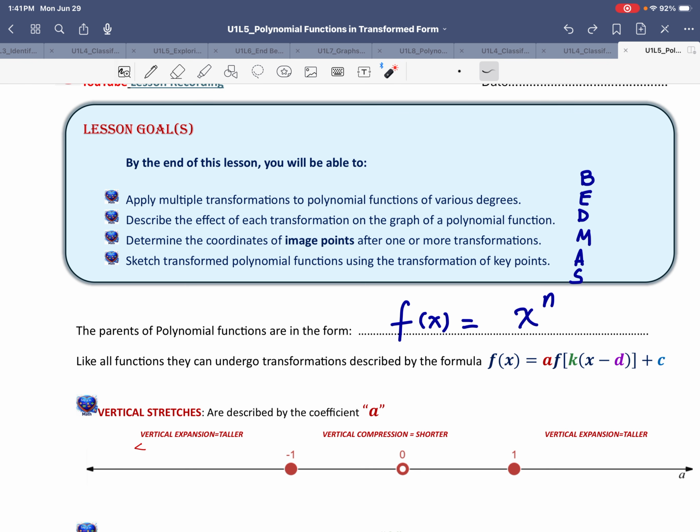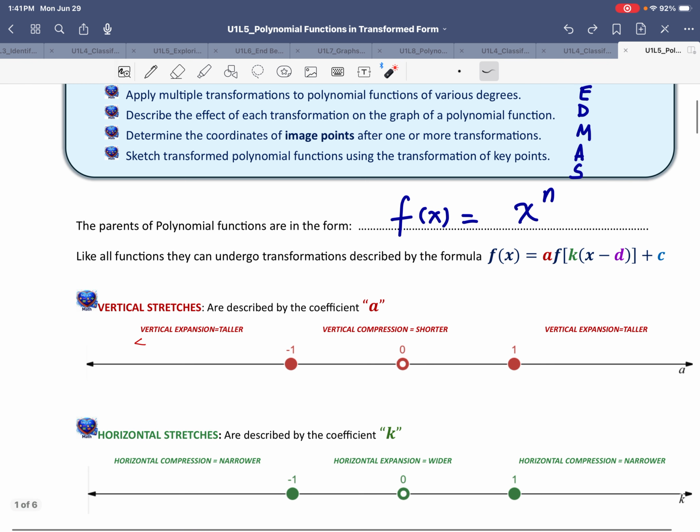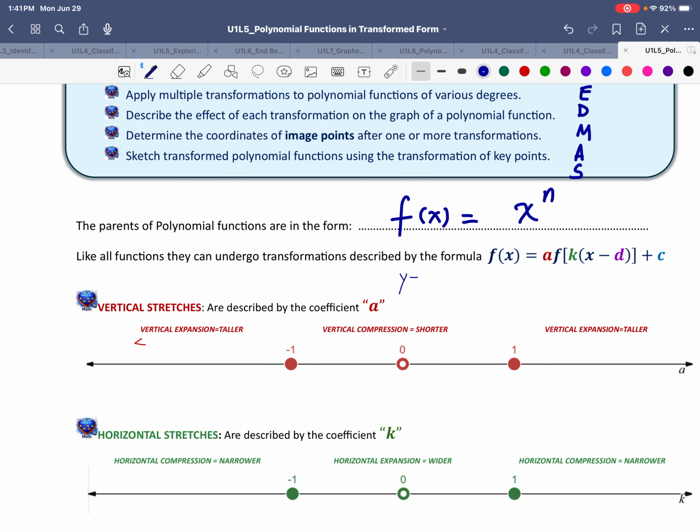So first, let's talk a little bit about each and every coefficient. In what way does each coefficient affect the graph of the function? We're going to start off with coefficient a. When a function y = f(x) is transformed by the coefficient a, it means that a is multiplying the value of f(x).